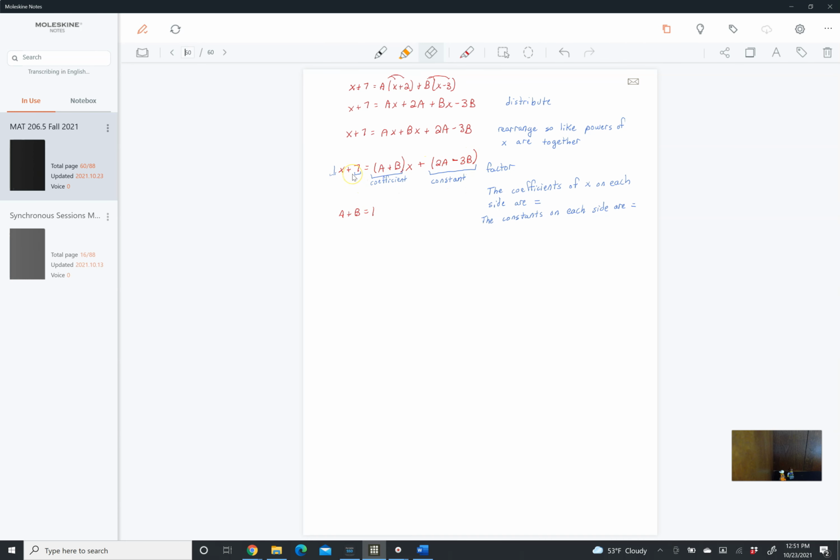It has to equal the constant on this side. So 2a minus 3b is equal to 7. This is a system of equations. So we need to solve for a and b by solving the system.